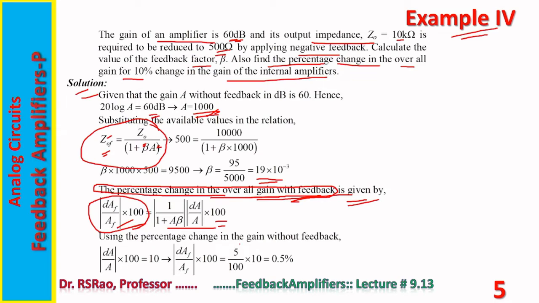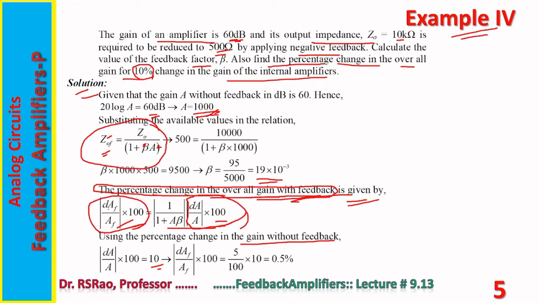Using the percentage change in the gain without feedback, dA by A mod into 100, it is given as 10. So this part is given.